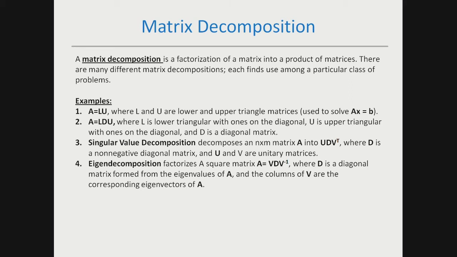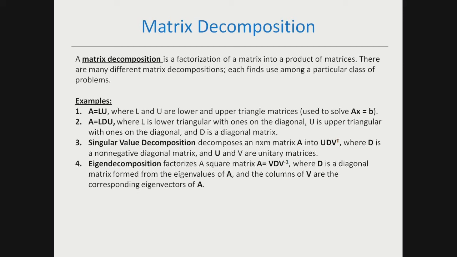This is another decomposition. One of the most commonly used techniques is called the singular value decomposition, which takes a matrix and decomposes it into three matrices, U, D, and V, where D is a non-negative diagonal matrix, and U and V are unitary matrices.